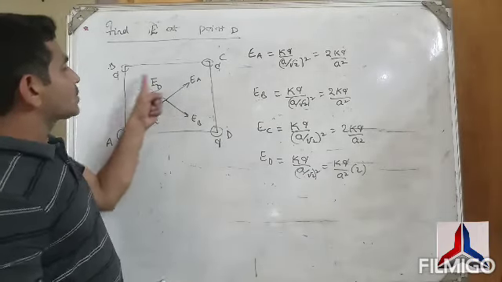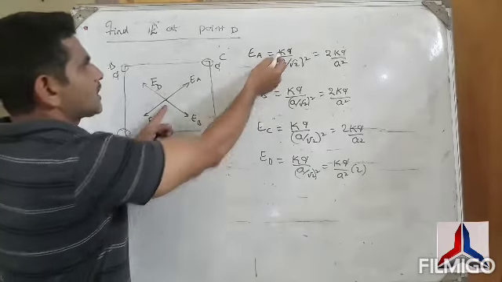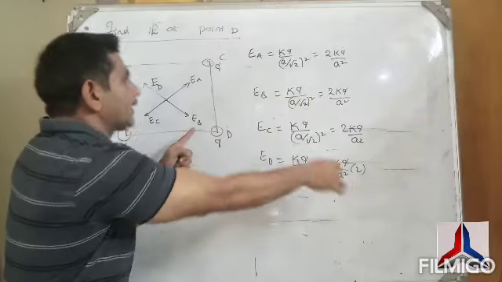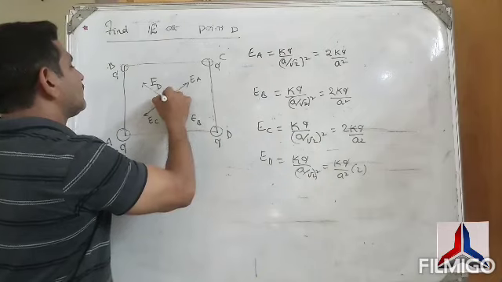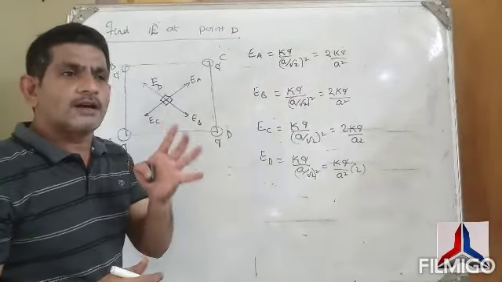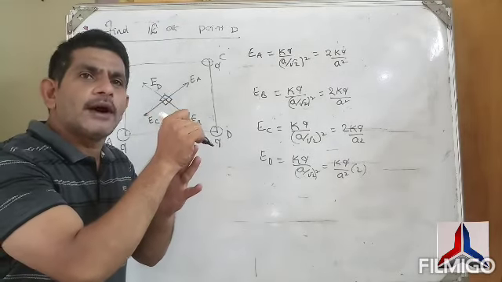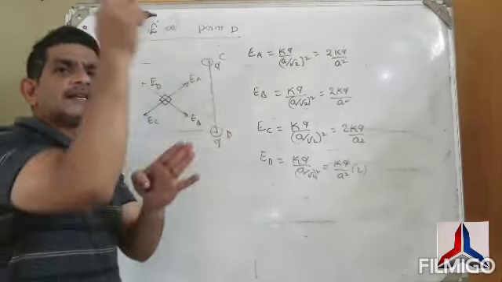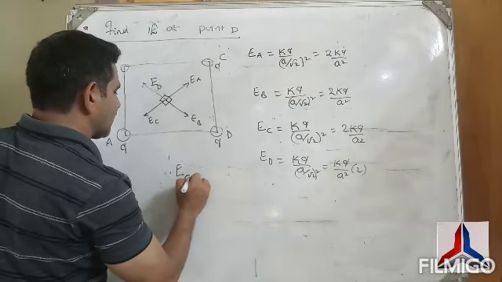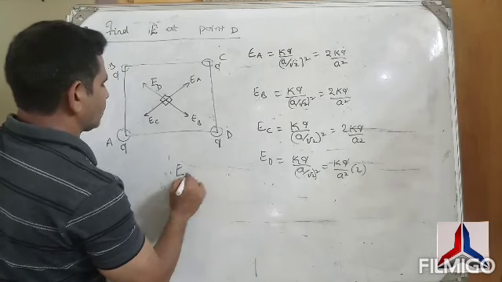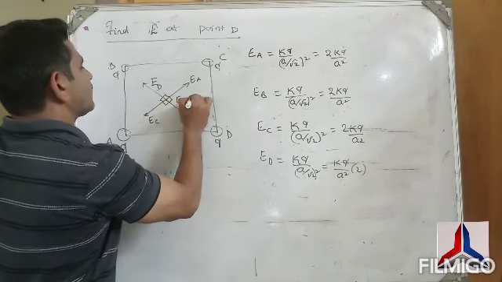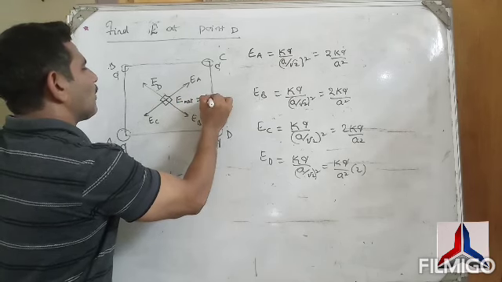And these values are equal. Why? Because charge and distances are the same. So these magnitudes are equal and the angle between them is 90 degrees each. If four vectors act on the point with the same magnitude and the same angle symmetrically, the resultant electric field intensity at the intersecting point of the diagonals, E net, is equal to 0.